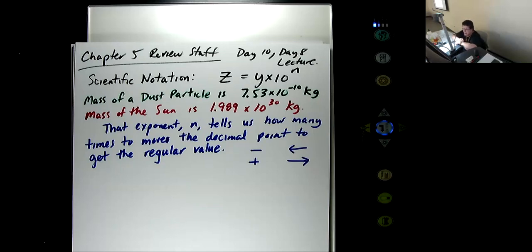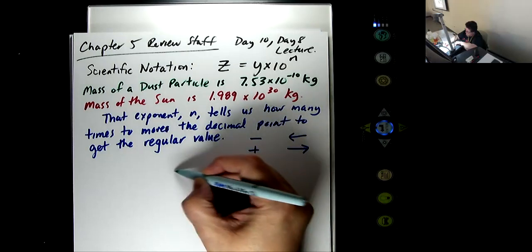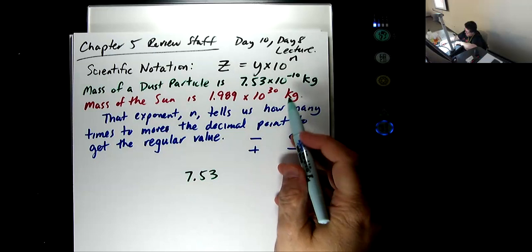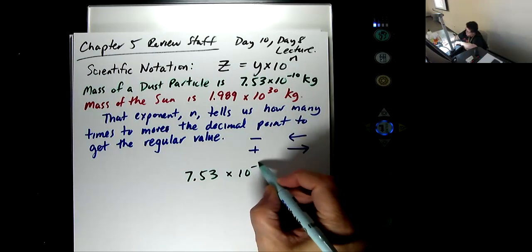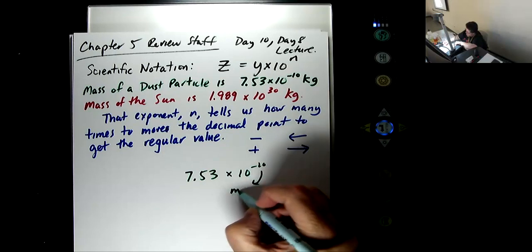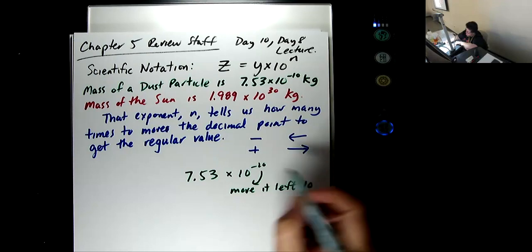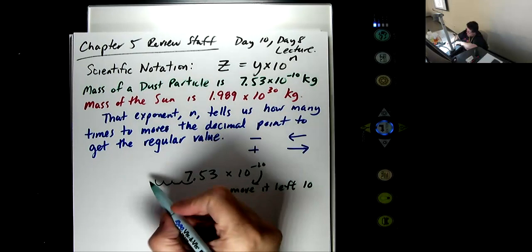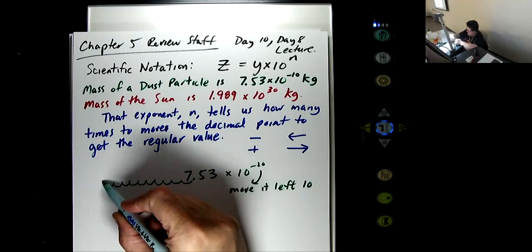Since I don't want to write 30 zeros, I'm just going to do the mass of the dust particle. It's 7.53. And the negative 10 says move it left 10. So 4, 5, 6, 7, 8, 9, 10.